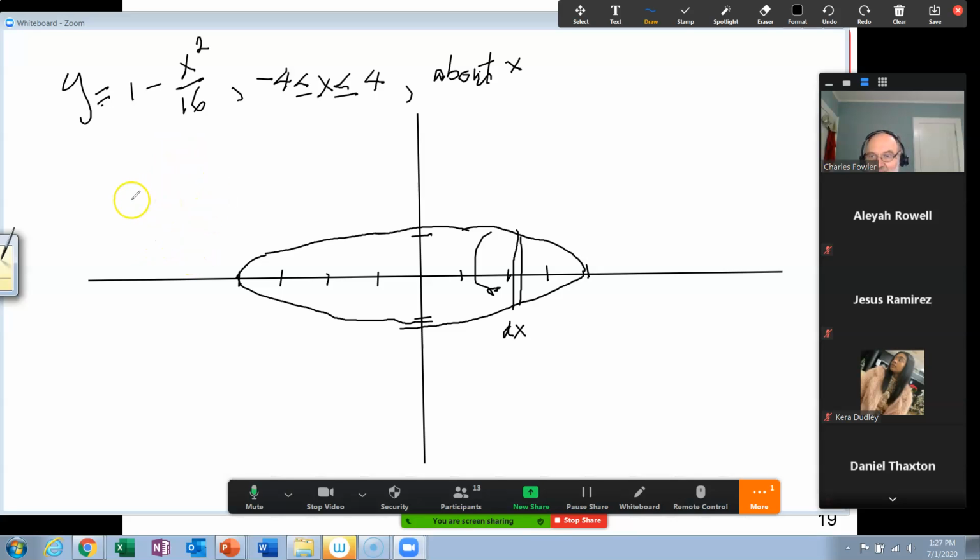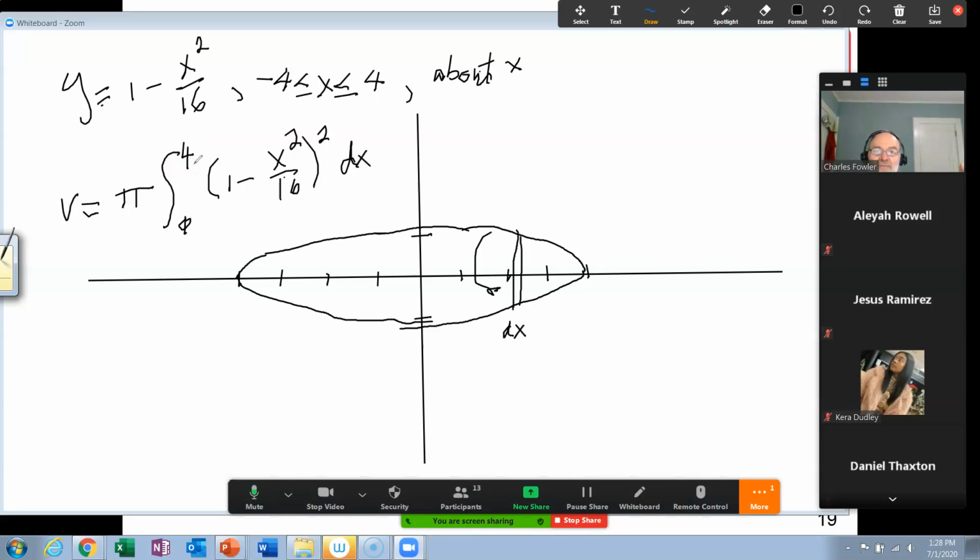The volume of the disk is, if I can get it to write, V is equal to pi r squared, and the r is your radius, so this is 1 minus x squared over 16, squared, times your thickness. That's your disk method. And the disk is going from 0 to 4.